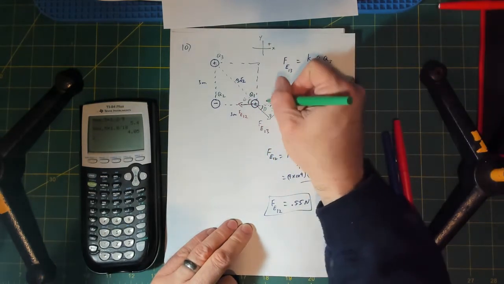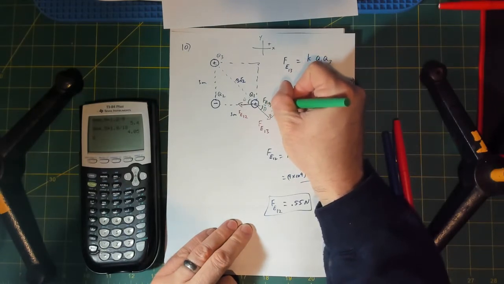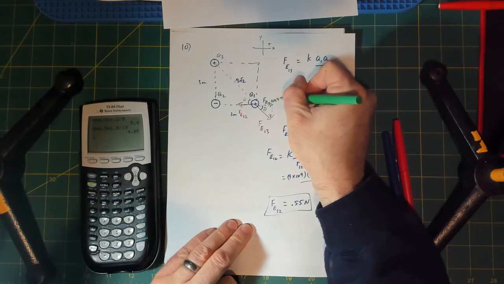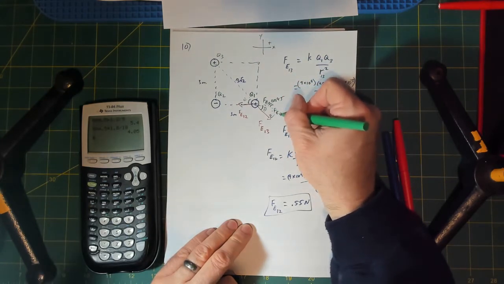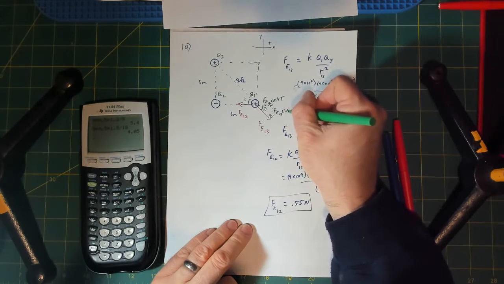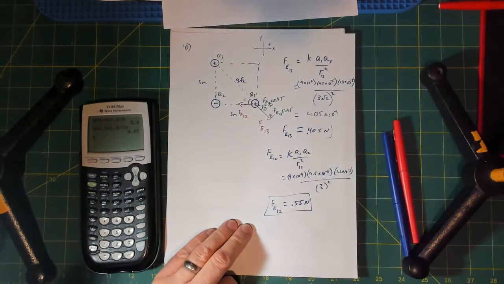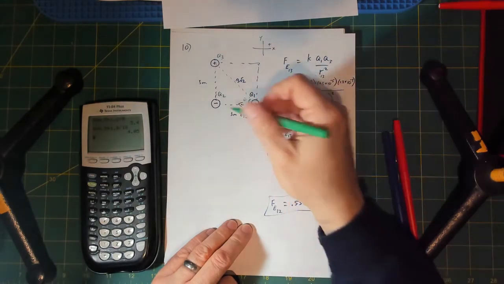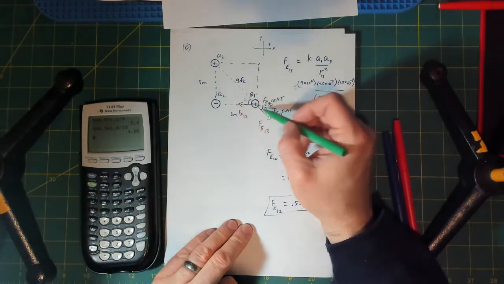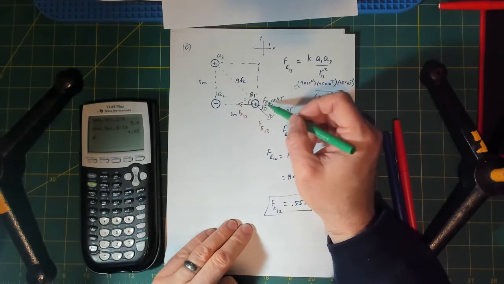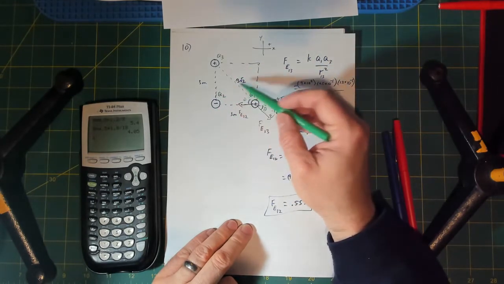So how big is this side going to be? This is the adjacent to that, so that'll be the hypotenuse, Fe13, times the cosine of 45. And this will be Fe13 times the sine of 45. While for 45 degrees sine and cosine are equal, if this was a slightly different shape, like a big rectangle, this angle would not be 45, and I would have to do some calculations with this triangle to figure out the angle.